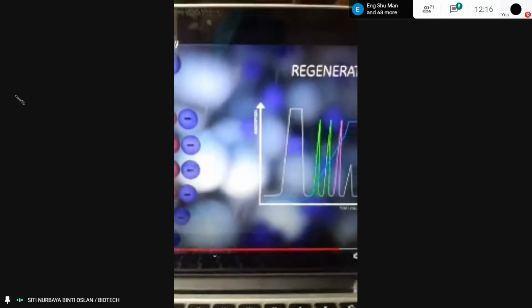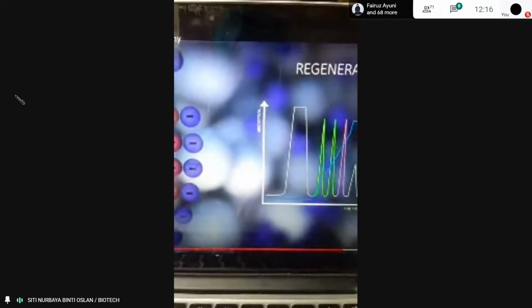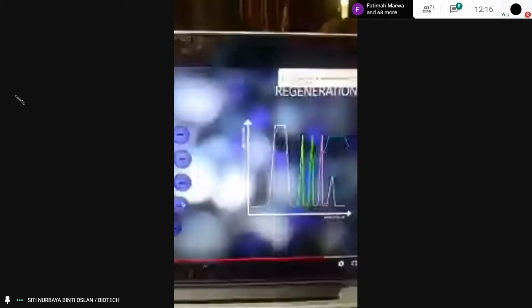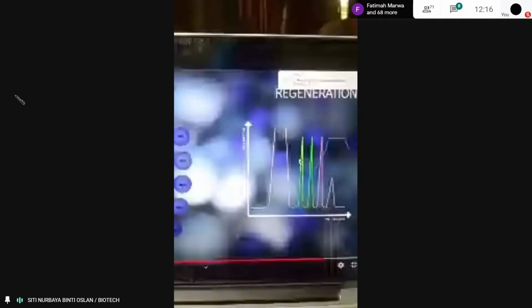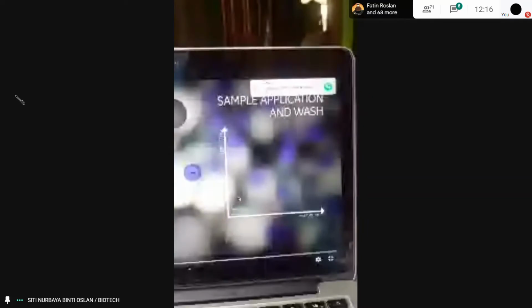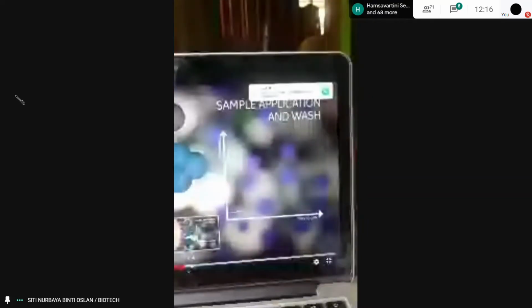So any questions? What peak is that again? The question asks, this peak represents the protein that has been trapped here. The protein that initially trapped in here will be eluted.